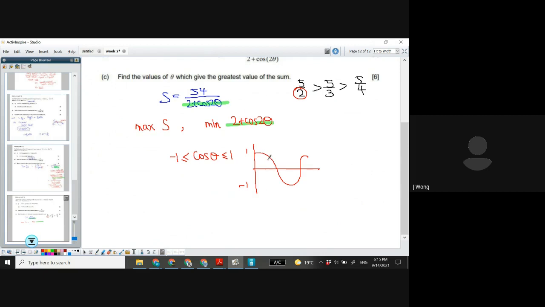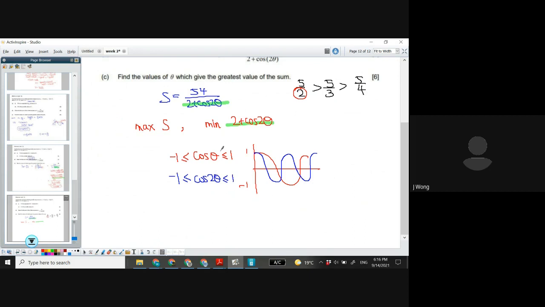It suggests we will just do a transformation. That means we're just going to squash it in the horizontal direction, which means in the same duration, 0 to 2 pi, I could draw 2 of this. I'm going to draw it like that, 2 of this. But still, it won't affect the range. So cos 2 theta will be between -1 and 1.